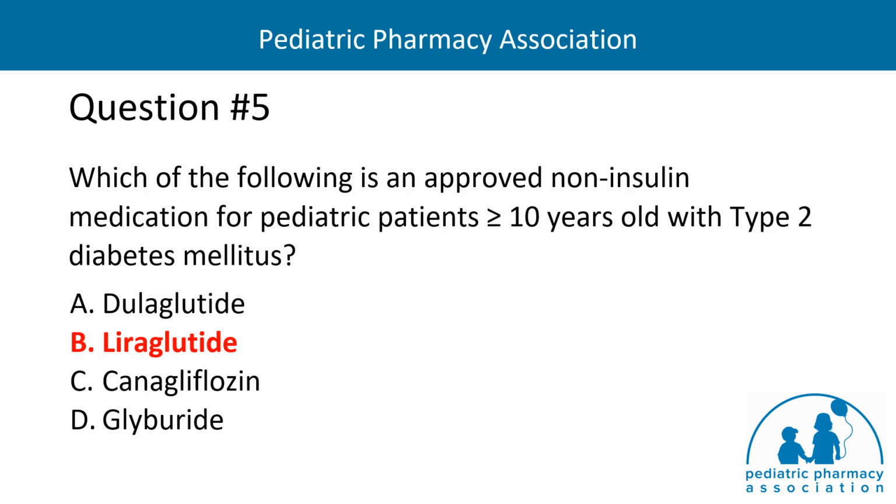Canagliflozin belongs to a class of medications known as SGLT2 inhibitors, and while you've probably heard of them because of the massive interest in their use in adult patients with diabetes mellitus, we don't have the evidence or the FDA labeled indication to use them in the pediatric population at this point. And then finally, glyburide is a sulfonylurea that just does not have pediatric approval.